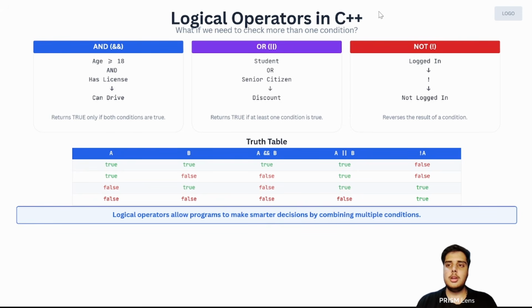So, logical operators in C++. What if we need to check more than one condition? Age is greater than or equal to 18 and has license, then the person can drive.